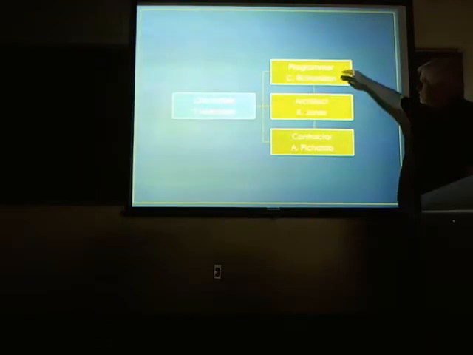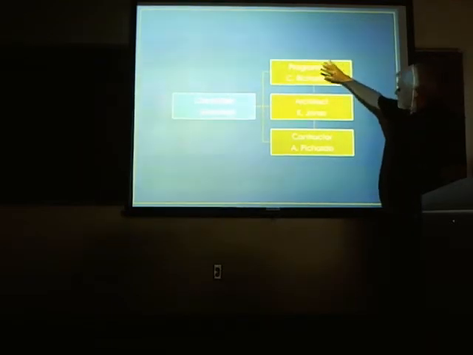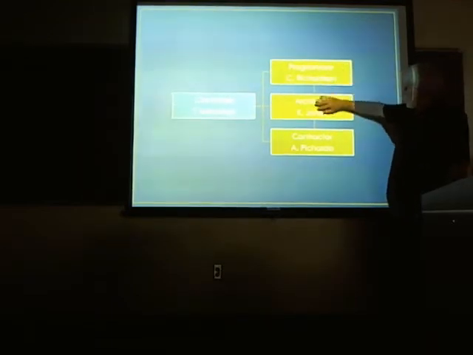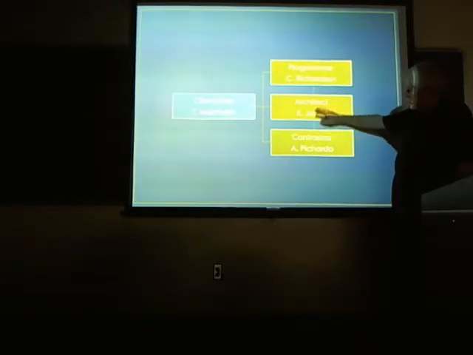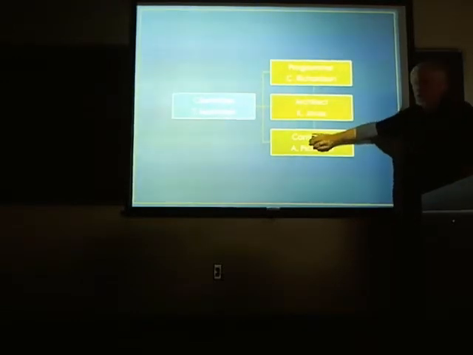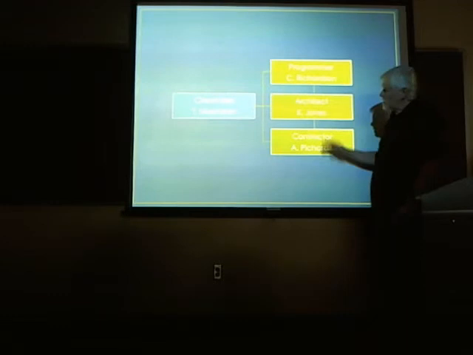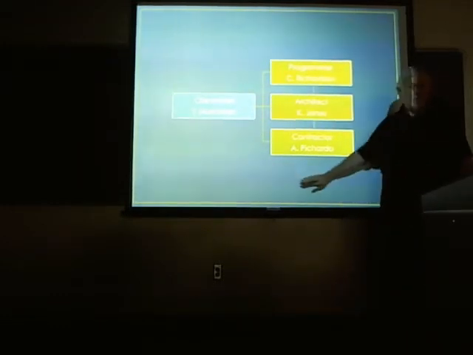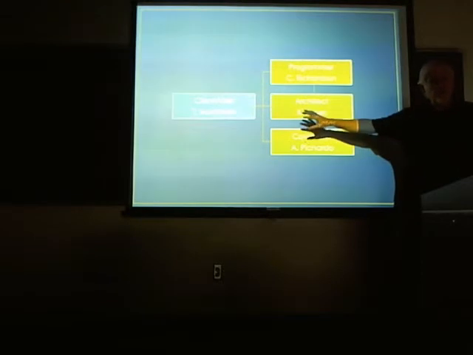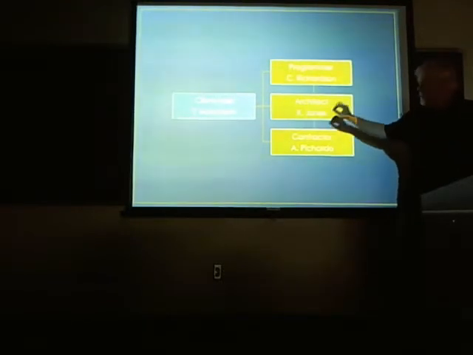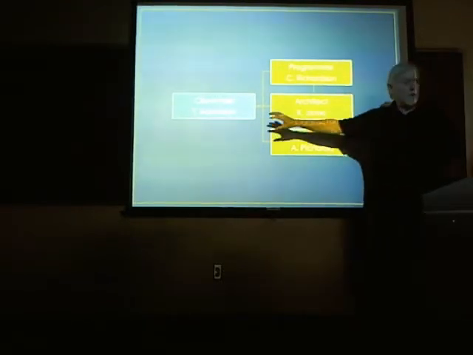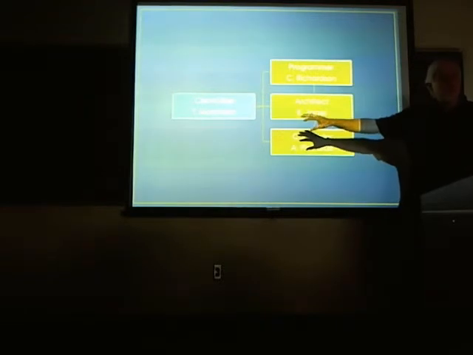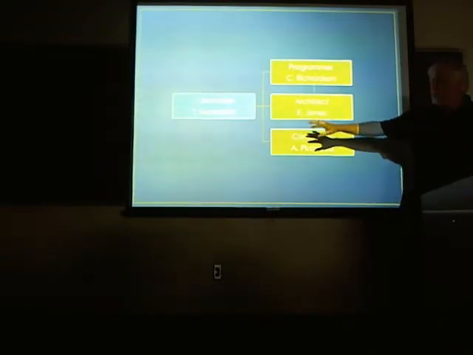Because right now, this looks like you're putting more emphasis on the programmer and the architect and the contractor, which is probably true, but what this doesn't tell me, because there's no title, is: is this the contractual arrangement or relationship? Is this the protocol of the information flow relationship? You know, what is it really?